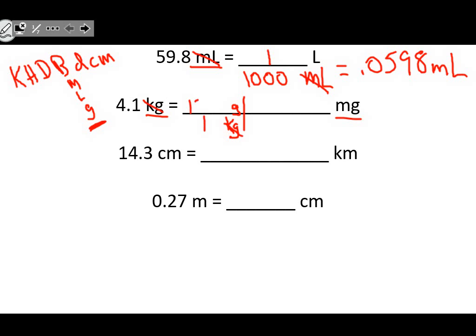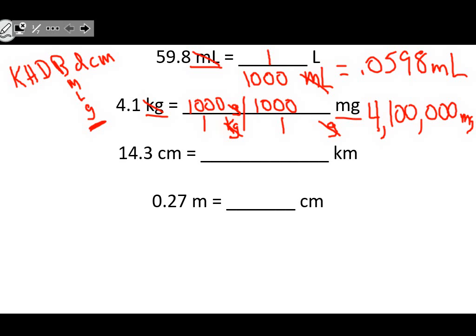Kilograms cancel. Kilograms are a larger unit. They're 1,000 times larger than grams. So now we're in the unit of grams, but we need to get to milligrams. Grams on the bottom. Grams cancel. Grams is a larger unit. It is 1,000 times larger. Okay? So 4.1 times 1,000 times 1,000 gives us 4,100,000 milligrams. Okay?